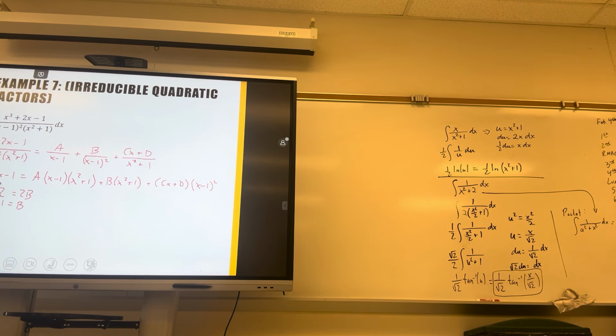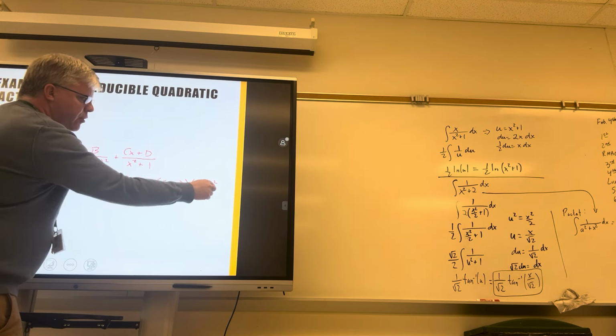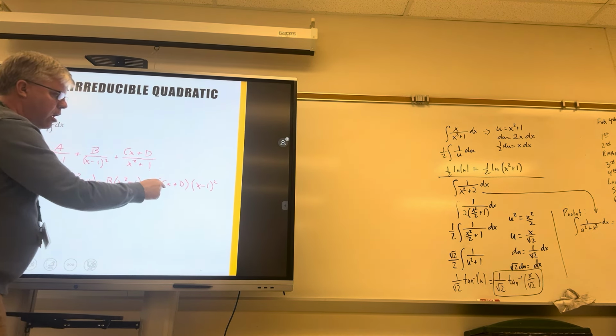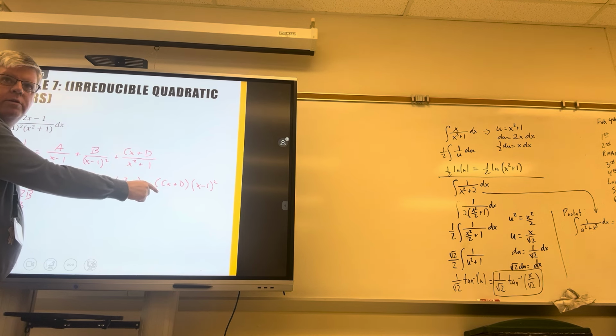The only thing I did before I just went ahead and plugged in x's was I did notice that I have x cubed over here first, and there aren't that many ways you're going to get x cubed over here. Do you see the only possible x cubed terms would be right here, you have one with a coefficient of A. This doesn't have any. And the only way you would get it here is after you expanded this, there'll be an x squared multiplied by this Cx would give you an x cubed, right?